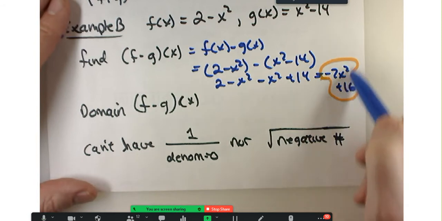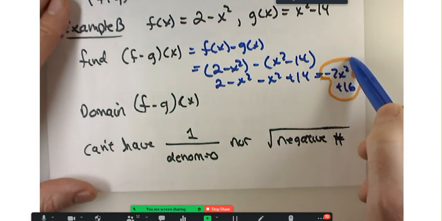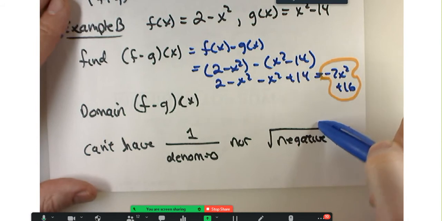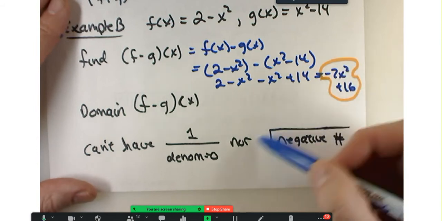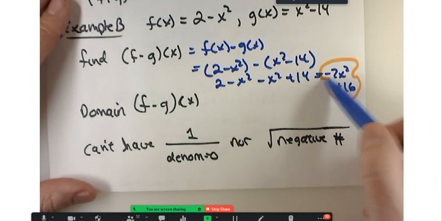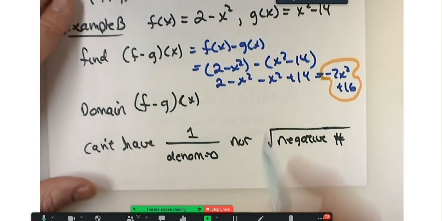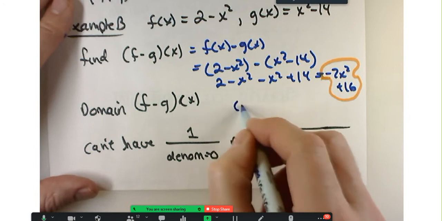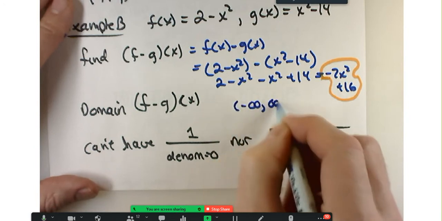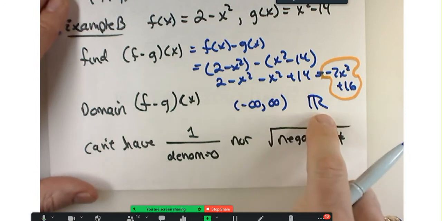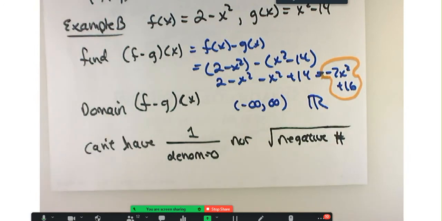Well, I don't see any denominators here. I don't see any radicals. So in short, there's no places that are going to create any problems for us. There's nothing here that's going to create an issue and that I have to delete. So its domain would be everything, negative infinity to infinity. And of course, I like to write that as script R, but I don't think you can get away with that in WebAssign. So nice.